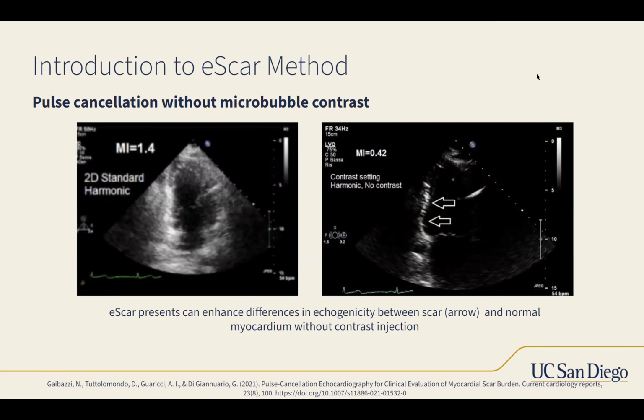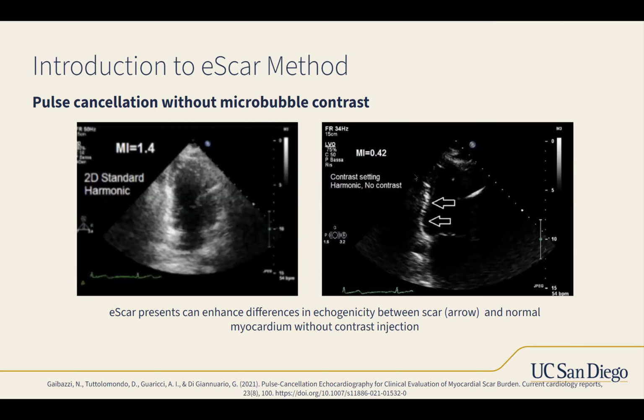And so now I want to talk about the E-scar method, which is for the heart. They use the same thing, but they don't do the contrast. Instead, they rely on the calcification or fibrous tissues introducing the nonlinear behavior into the tissue. And so you can see on the left, there's a standard ultrasound image.